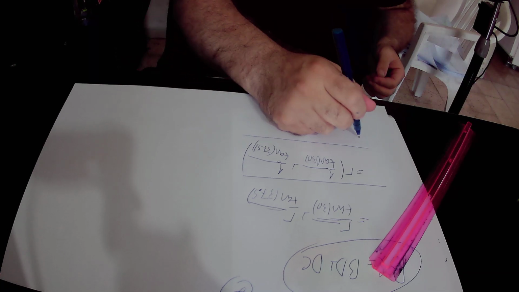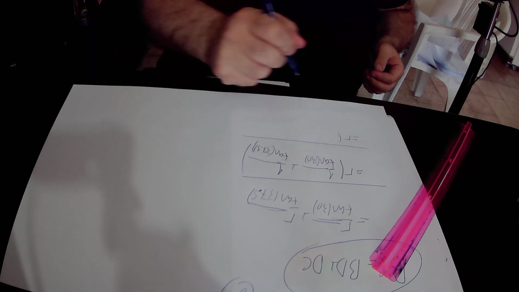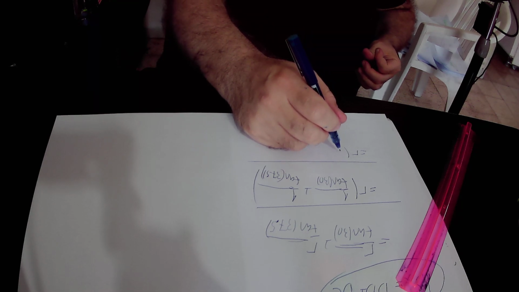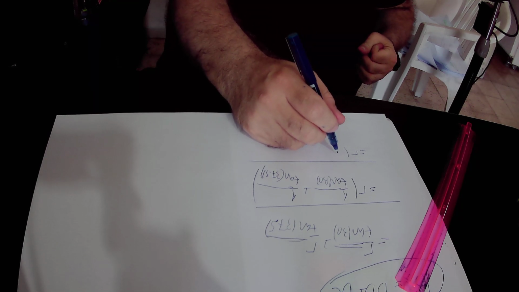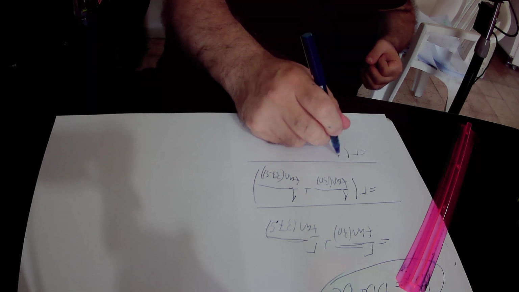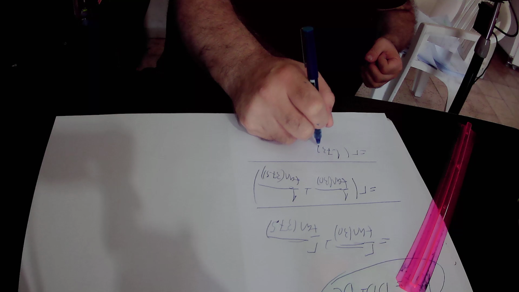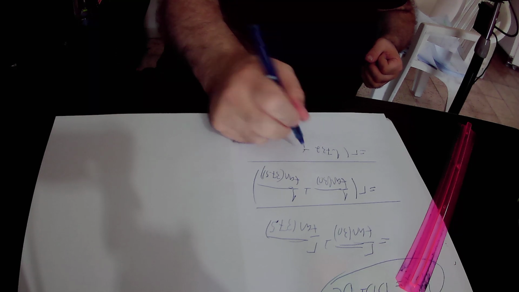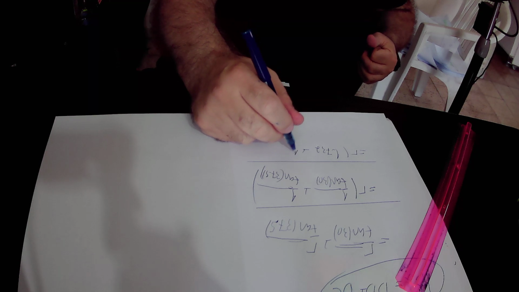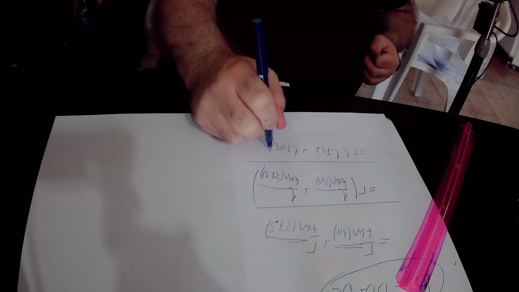So it is R times 1 over tangent 30 degrees, which equals 1.732, plus 1 over tangent 37.5 degrees, which is equal to 1.303.